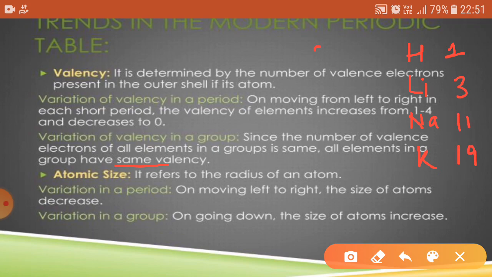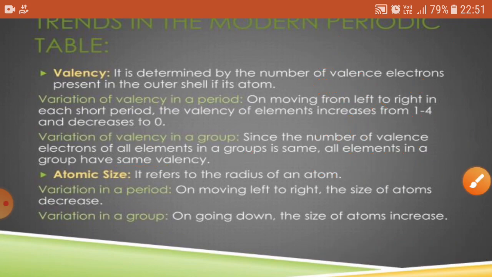So what is the electronic configuration? It is 1, 2-1, 2-8-1 and 2-8-8-1. It means that there is one valence electron present in the outermost shell. It means the valency will be the same.